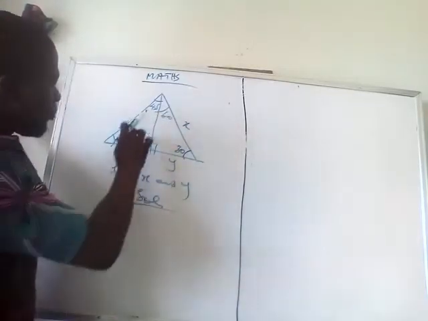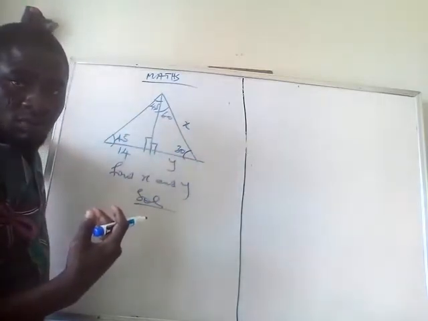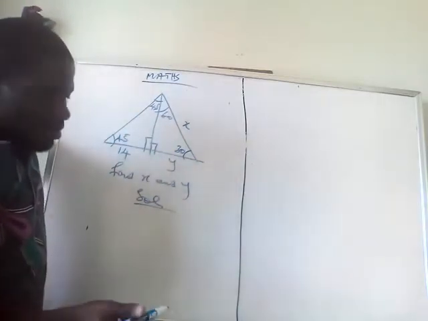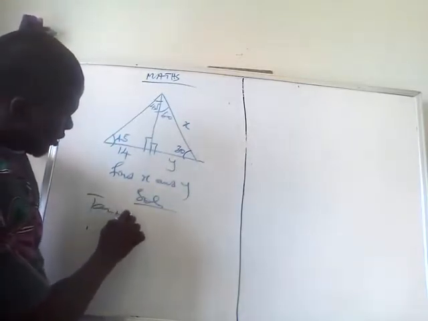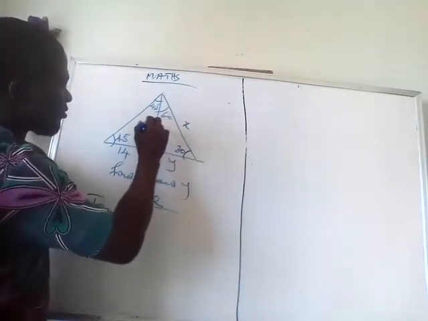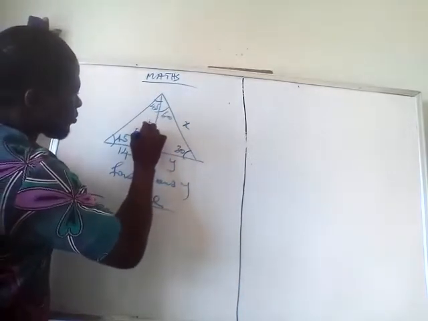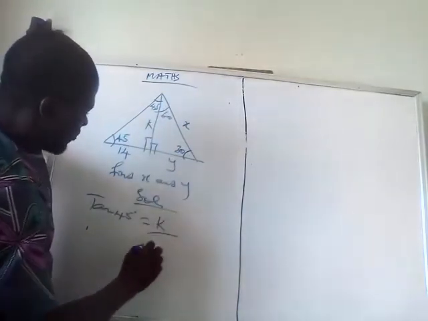What is that? That's tan. Tan 45 degrees will give us, let's call this place K, K over 14.